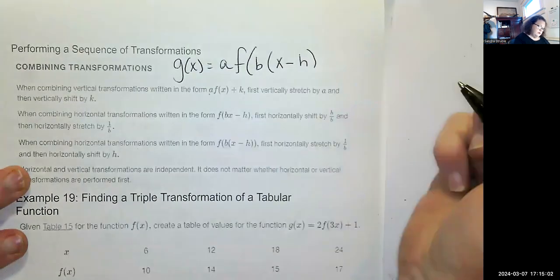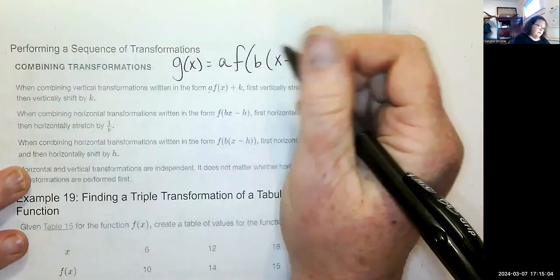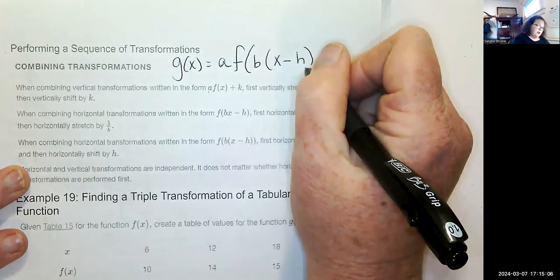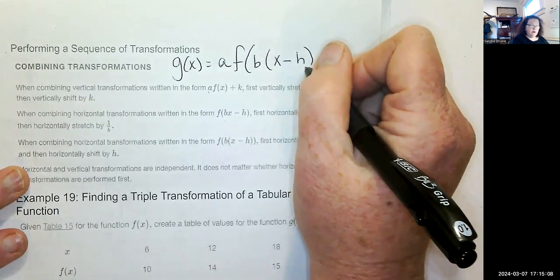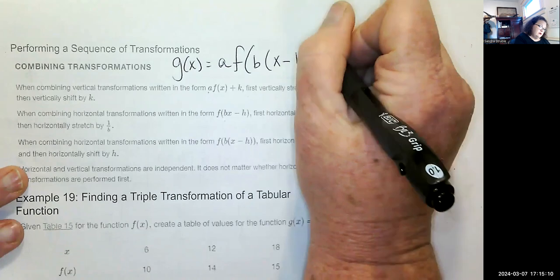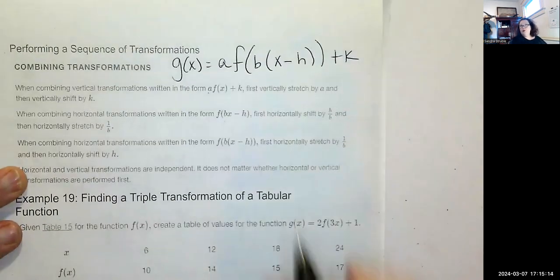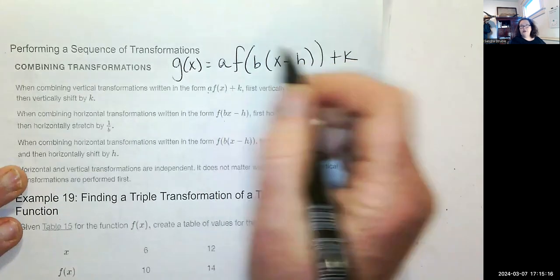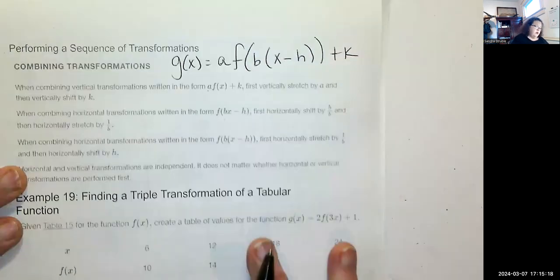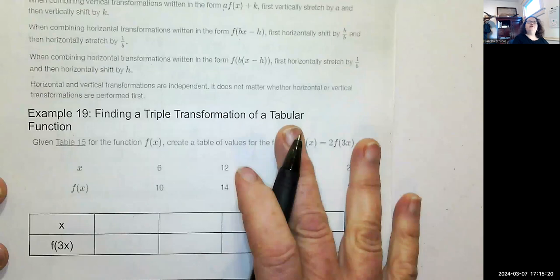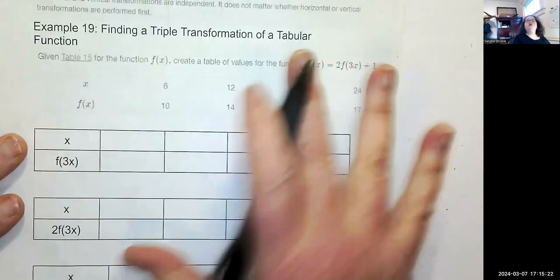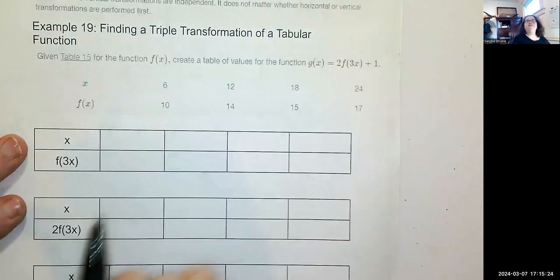H is your horizontal shift, and then plus k is a vertical shift. You won't always have every one of these, but just to understand what they each are will help you in writing your functions. So finding a triple transformation of a tabular function.